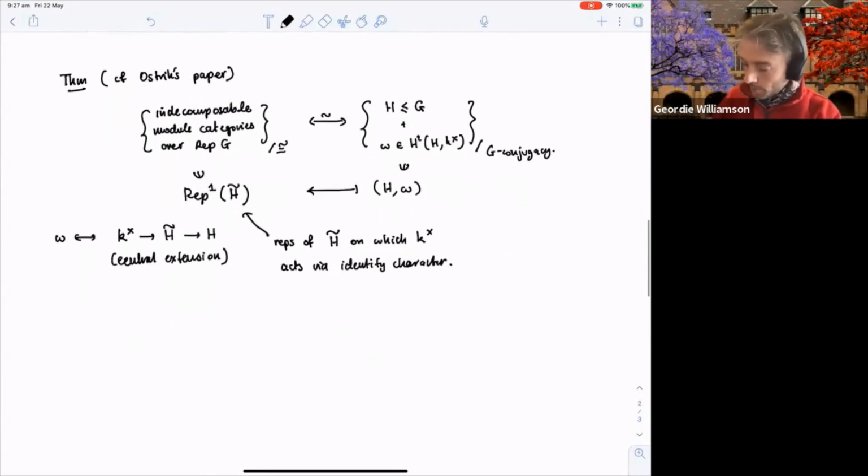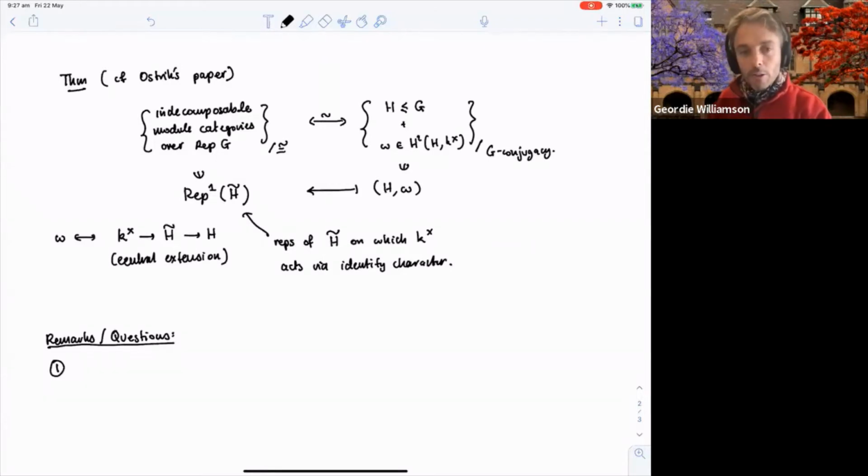And just some remarks and questions. The first remark is that the proof is surprisingly easy once one has the meta theorem.